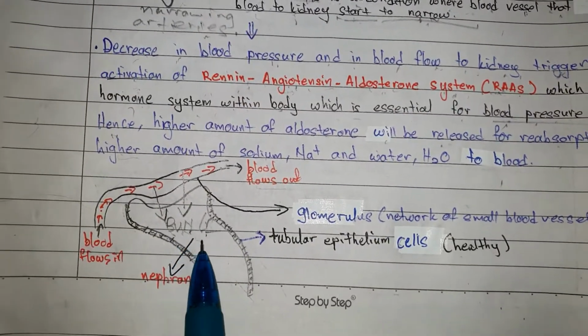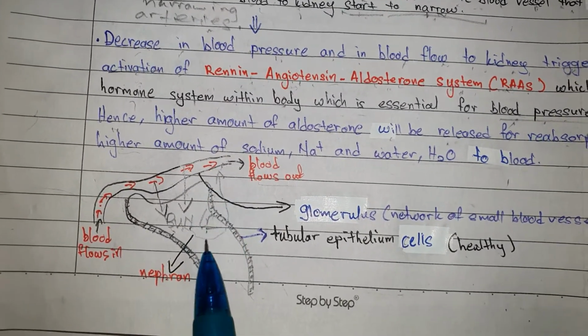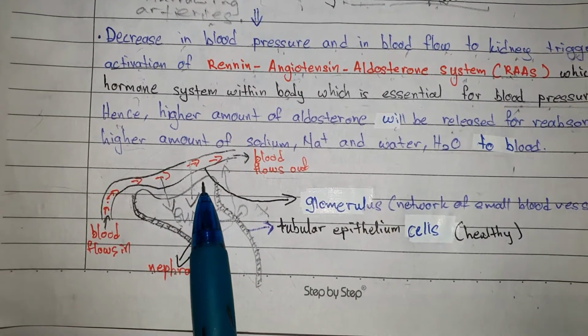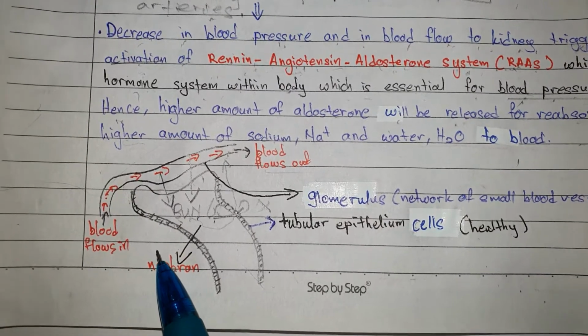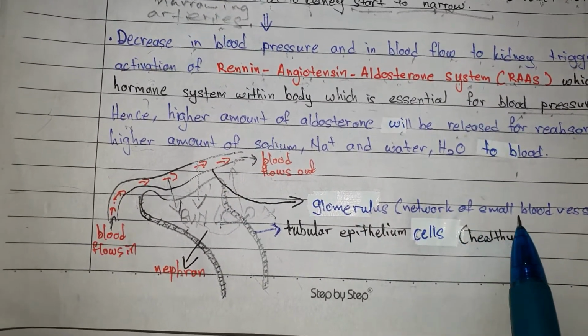The BUN will be reabsorbed into the artery, and the creatinine cannot be reabsorbed into the artery. So this is a simple drawing of a nephron and also a glomerulus. The glomerulus is a network of small blood vessels.